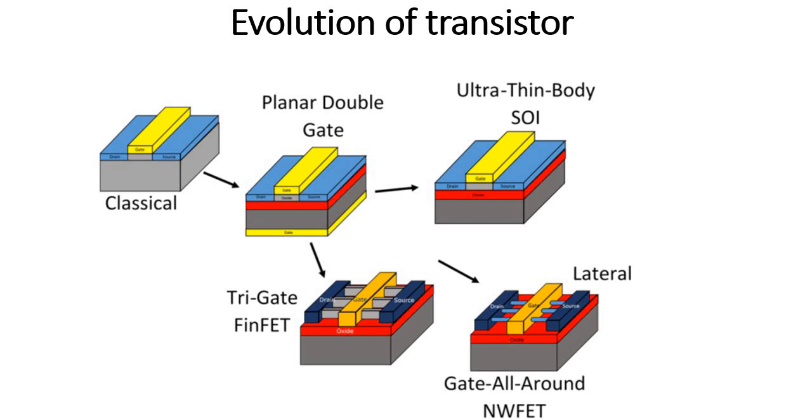There is another transistor that is ultra thin SOI transistor, that is basically silicon on insulator transistor. It is a different technology. Then again, gate all around nanowire FETs, gate all around cylindrical structures, gate all around MOSFETs are also there. So these are the various transistors that have been evolved from the classical transistors.